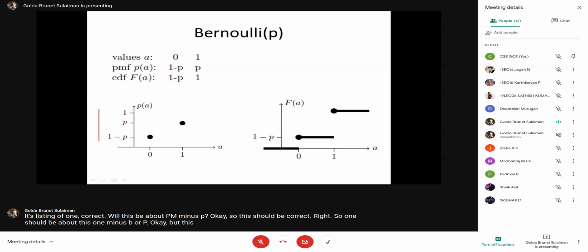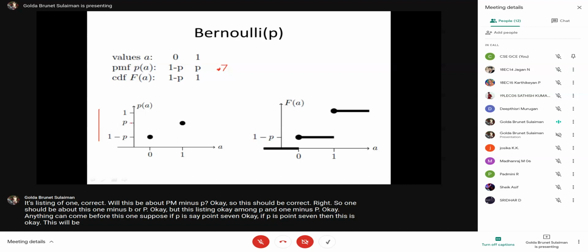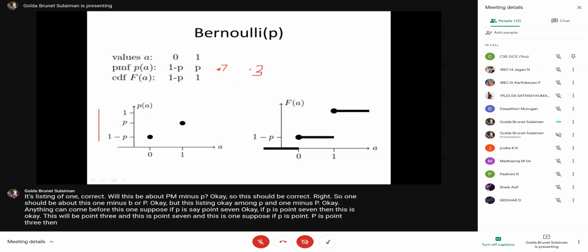But among p and 1 minus p, anything can come before the other. Suppose p is 0.7, then this will be 0.3 and this is 0.7 and this is 1. Suppose p is 0.3, then 1 minus p will be 0.7. In that case you will have p here, 1 minus p here and then 1.